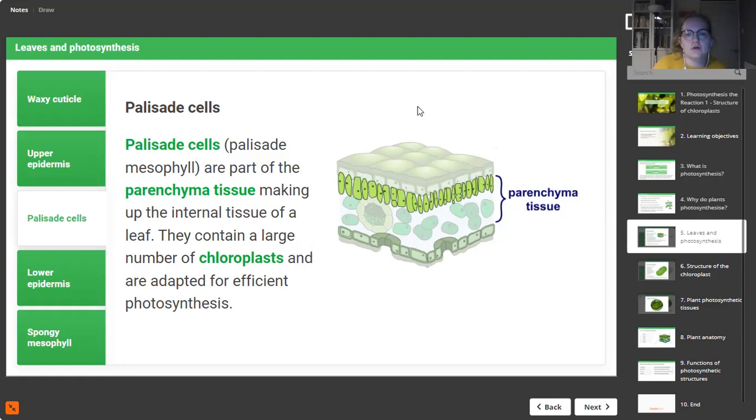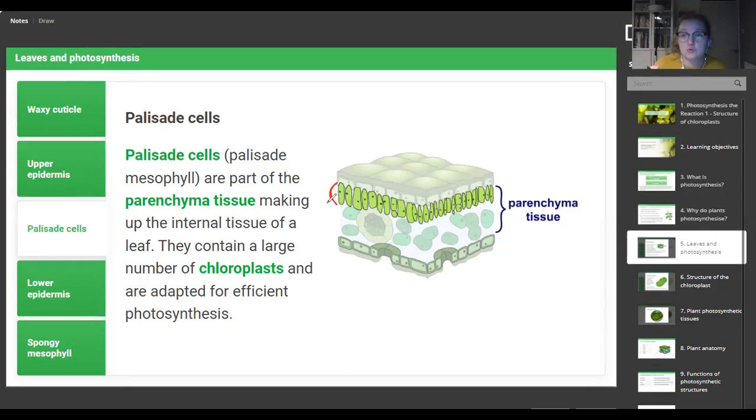These palisade cells are towards the top. The upper epidermis blocks them from too much sunlight to stop them getting bleached, but they're near the top and not near the bottom, because that would be too much thickness for the sunlight to get through to them. So it's this layer here.